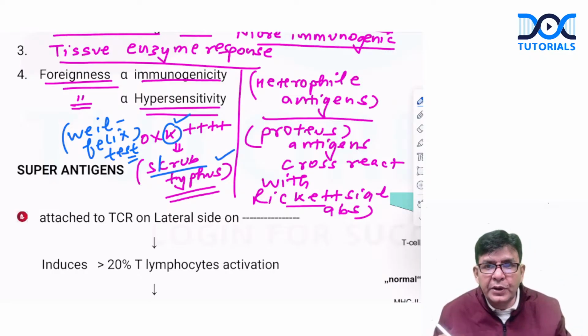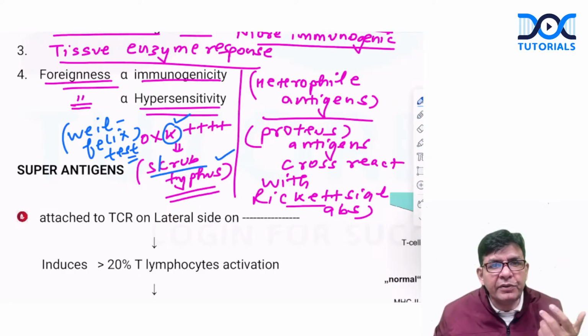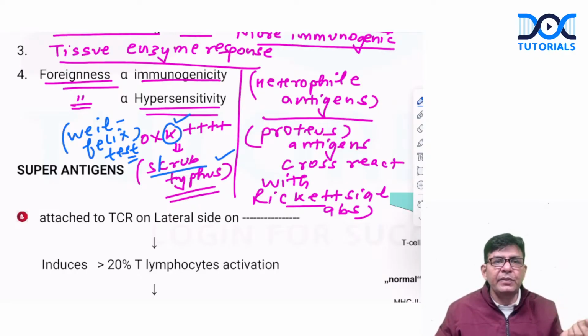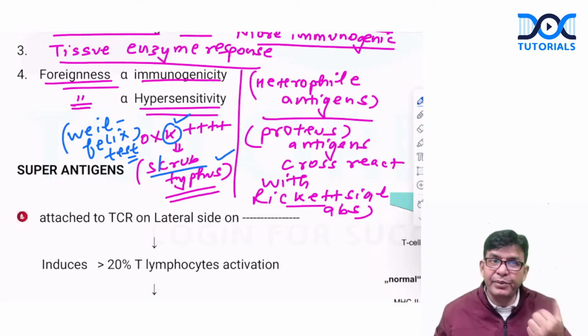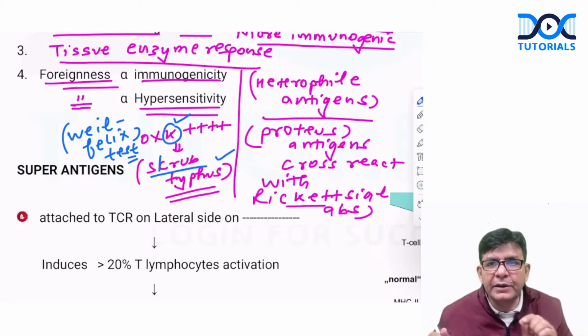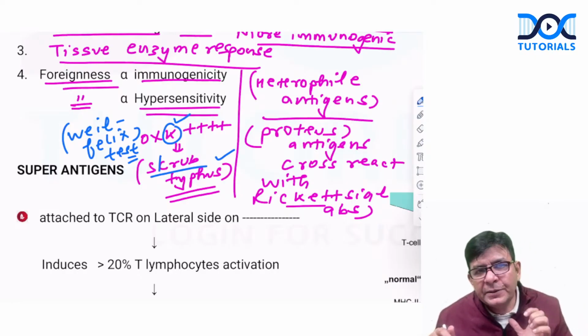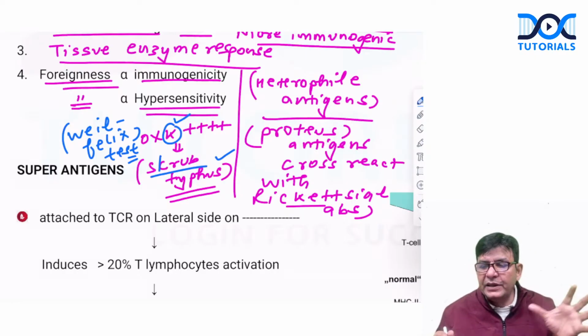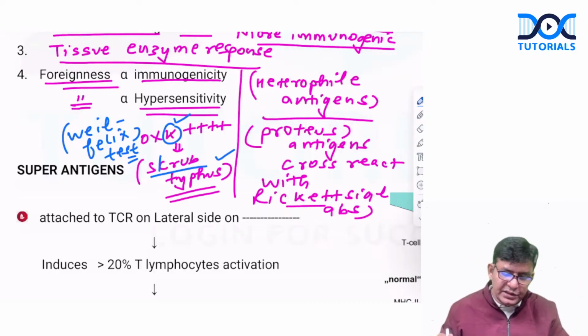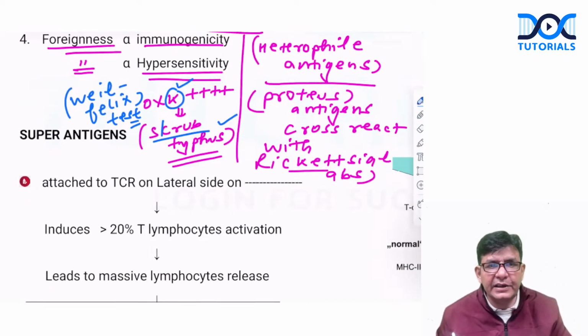Why do we do so? Because they share their antigens. And why do they share? There is a relation between them, not of this birth but a previous birth, because in this birth they are born in different families. That's why they induce antibody production and cross react. Is it fine, guys? So this is the logic of heterophile antigens.